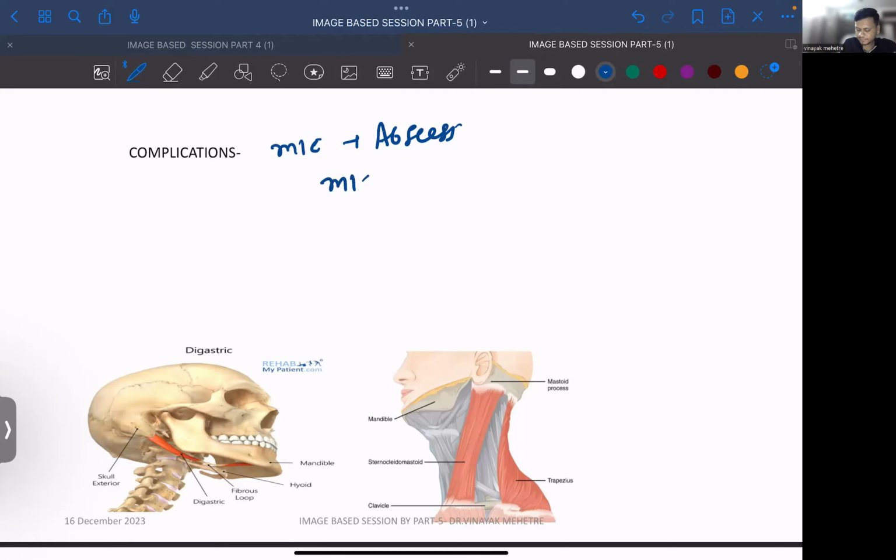Most common site is postauricular. Postauricular means behind the ear. Behind the ear there will be abscess, and there are two specific abscesses. One is called Bezold's, and the other is Citelli's.